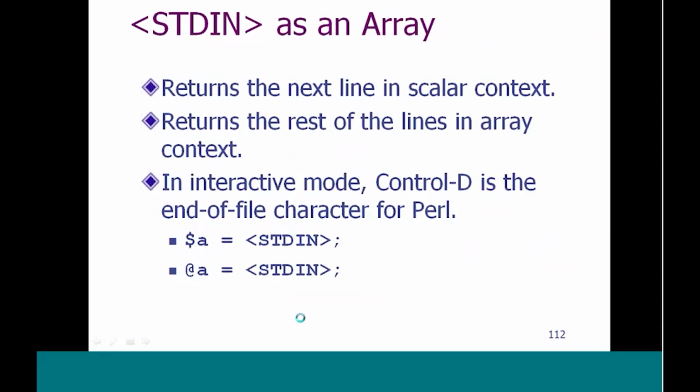In the scalar context, it returns the next line. This we saw when we studied scalars. Whereas in an array context, it returns the rest of the lines. So in an interactive mode, we need to use control D as the end of file character for Perl. So how do we use it is using these two notations. If you do a $A equal to standard in, this is a scalar context.